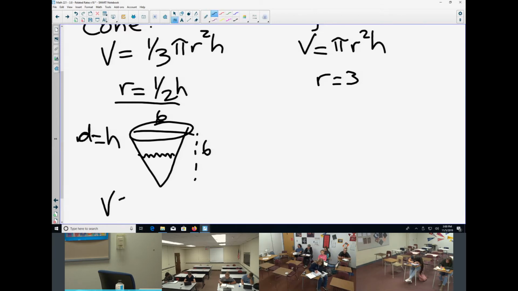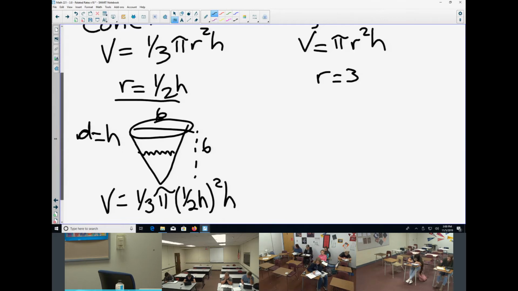So V equals 1/3 pi. And then I'm going to plug in place of r, 1/2 h. So I get 1/2 h squared times h. So we better simplify that.